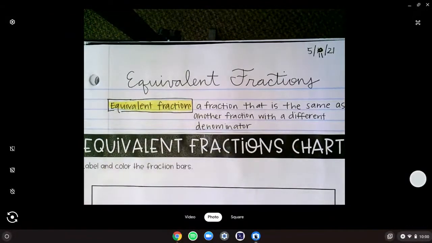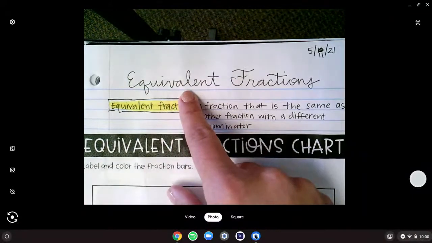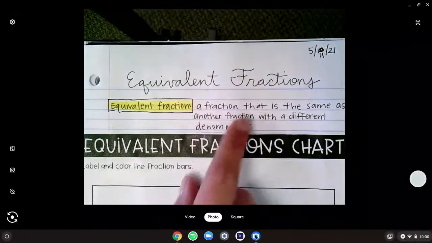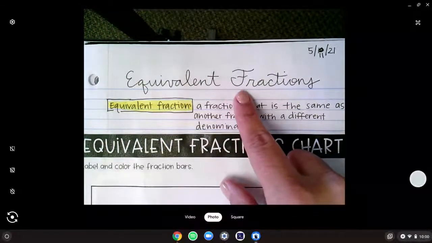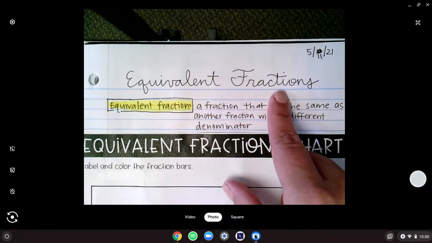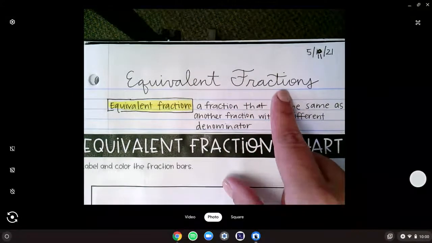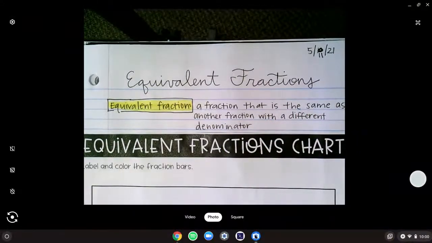I just thought it made it a fancy title. A-L-E-N-T. Equivalent. And then we have fractions. F-R-A-C-T-I-O-N, and it's plural, so we have an S at the end.